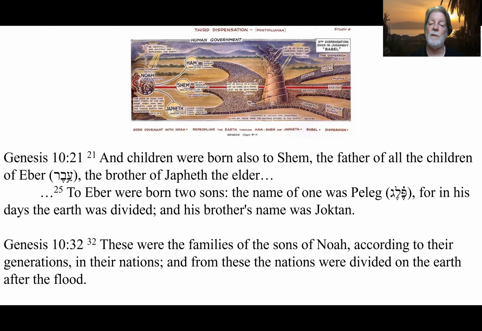So it may very well be that during the lifetime of Peleg, the Lord caused the tectonic plates of the Earth's surface to shift and form an ocean between the Western Hemisphere and the Eastern Hemisphere, that ocean being the Atlantic Ocean and so forth. So that may have happened during Peleg's lifetime.